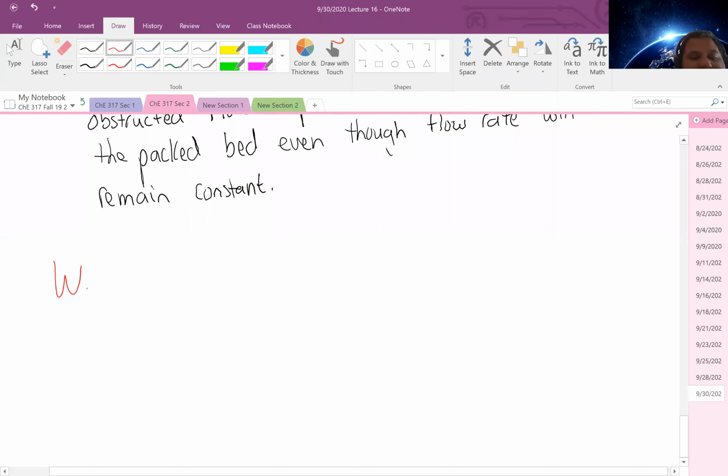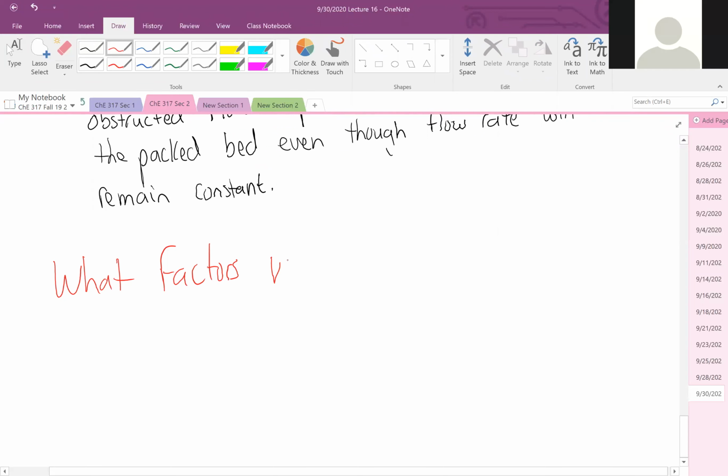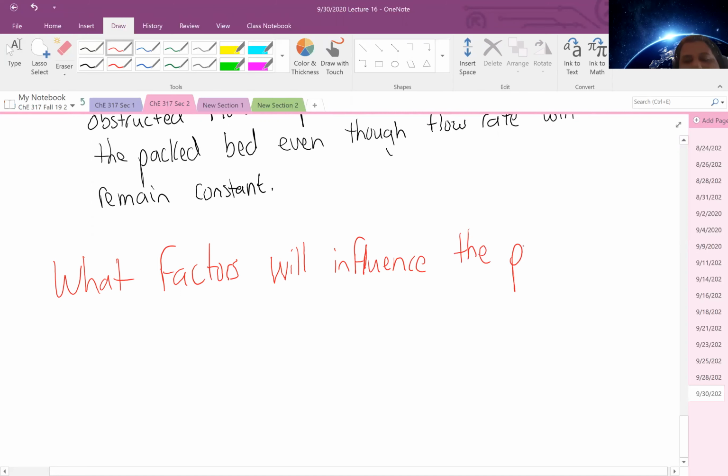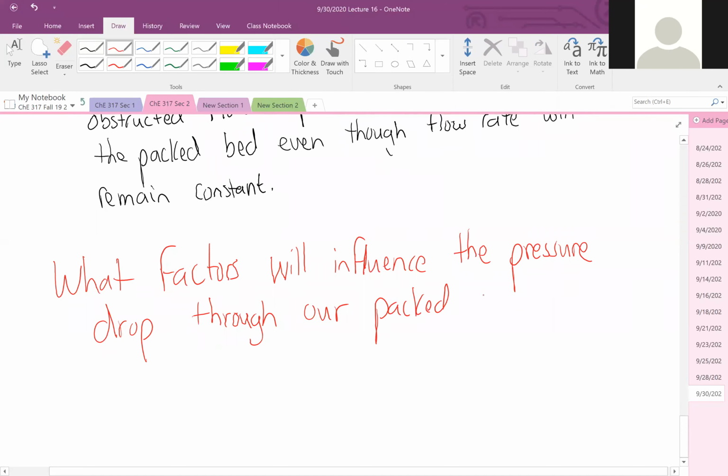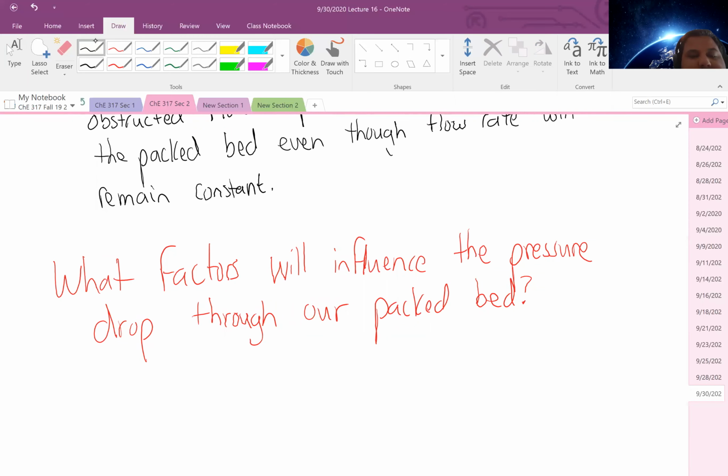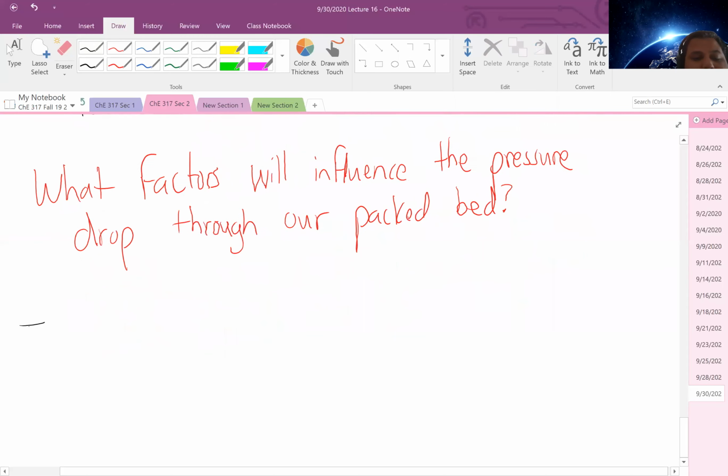So I can ask, what factors will influence the pressure drop through our packed bed? What do you guys think? Void fraction.